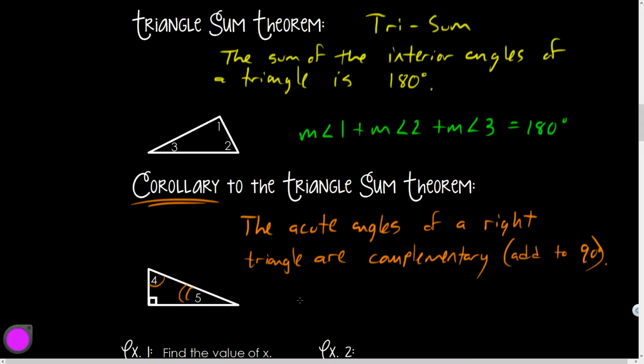All right, so I could say measure of angle 4 plus the measure of angle 5 equals 90. Now you've got that down in your cool geometry spell books. I have not proven these theorems to you. I've shown you a little bit of an interactive animation from my friend Tim Brzezinski, but we'll prove it tomorrow.